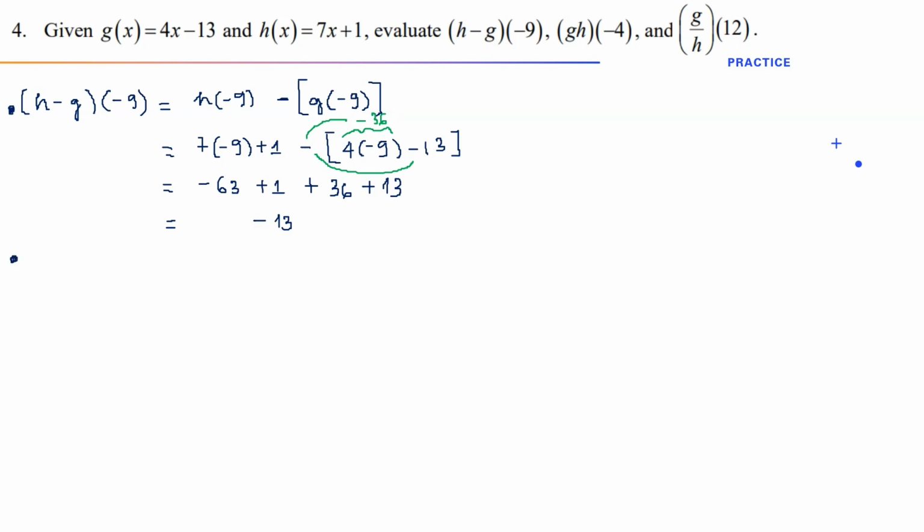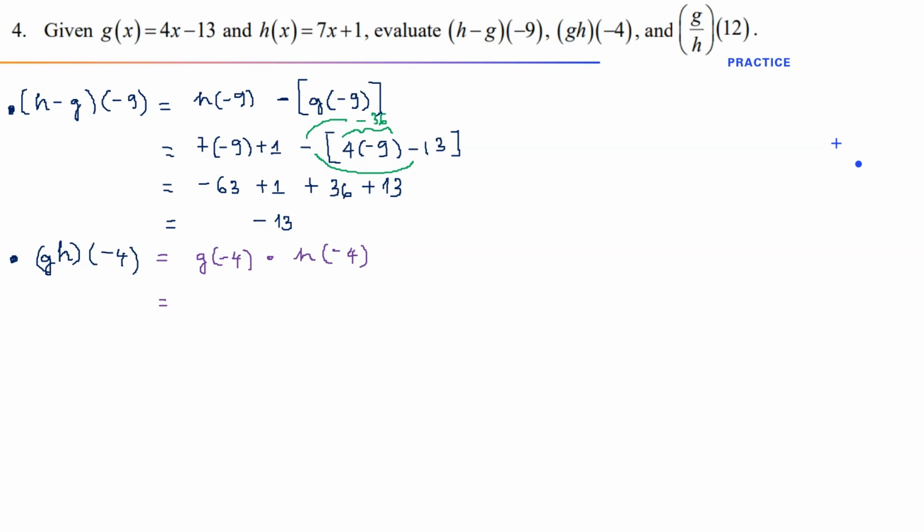The second one is (g times h) of negative 4. I made it purple so we can see the different color. Okay, so g of negative 4 multiplied by h of negative 4.